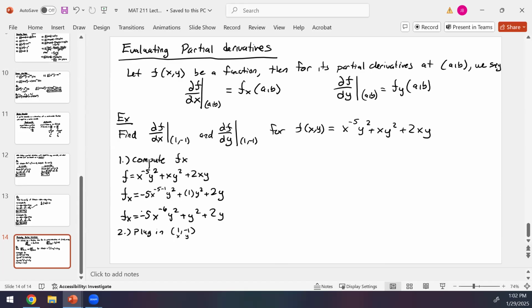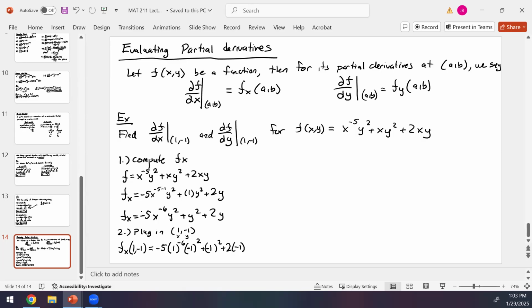And so then the partial derivative at 1, negative 1, again, whichever notation you prefer, is equal to negative 5 times 1 to the negative 6 power times 1 squared plus 1 squared, except it's not 1, it's negative 1. So let me fix that. And then plus 2 times negative 1.